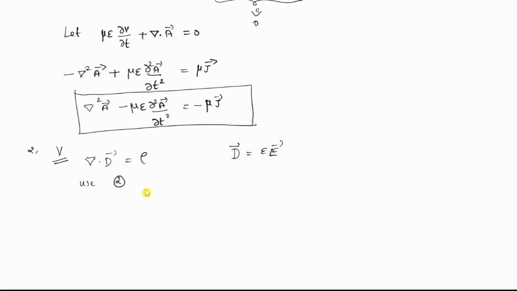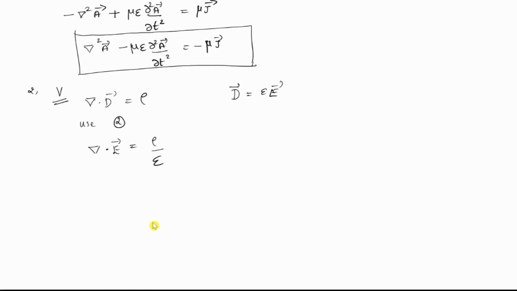So how will you write? Del dot, instead of D we can write epsilon E. I'll bring that epsilon to the right side, so it goes to the denominator of the right hand side. So the equation becomes del dot E is equal to rho by epsilon. This is the new equation of Maxwell.